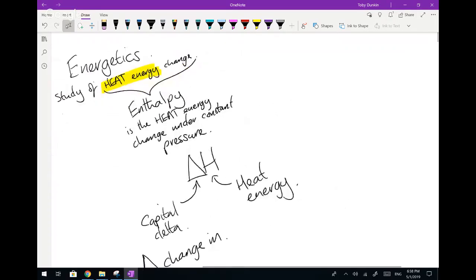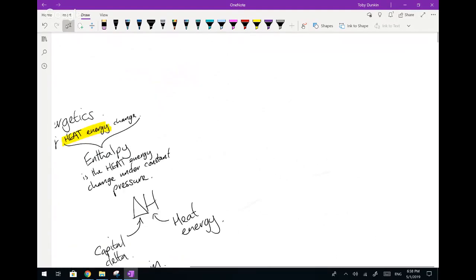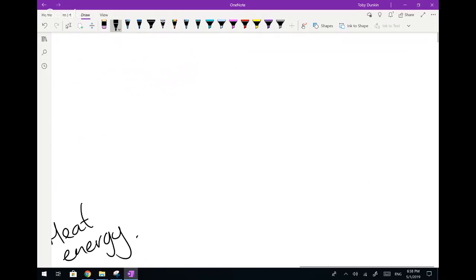So energetics is the study of heat change. Now, for those students who have me in class, they'll recognize the next image, because the way I tend to teach energetics in lesson is to split it into 2 categories.